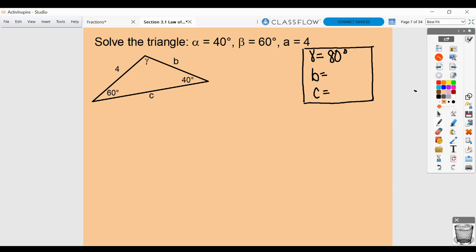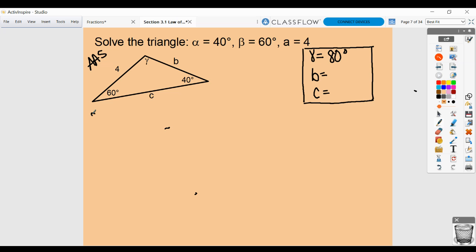Also, I forgot, trying to figure out what type of triangle this is. This is an angle, angle, side. Okay, so now you're ready to solve for B and C.